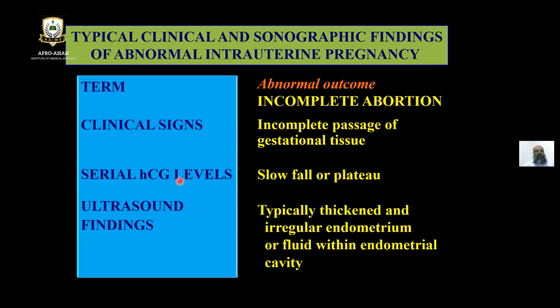Then the serial beta HCG levels, they fall slowly or plateau is seen. On ultrasound, typically thickened and irregular endometrium or fluid within endometrial cavity is seen.